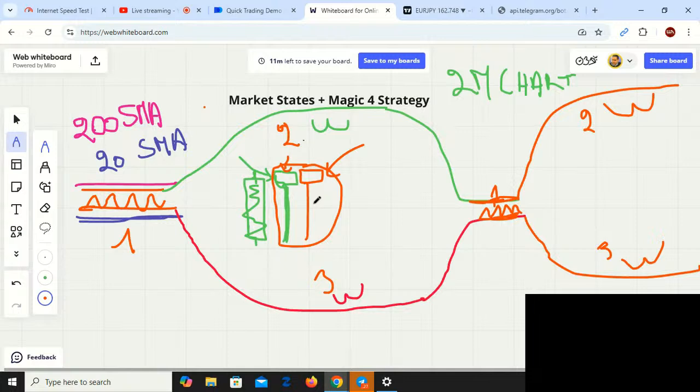Usually, when they happen back to back, they have a 92% follow through rate to the upside. This bullish engulfing bar has around 80 to 82% follow through rate to the upside.